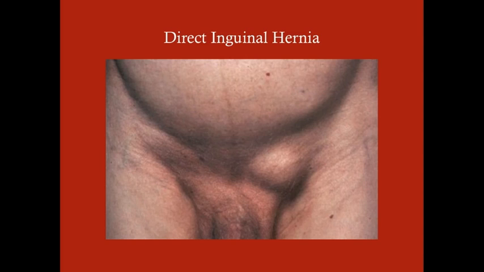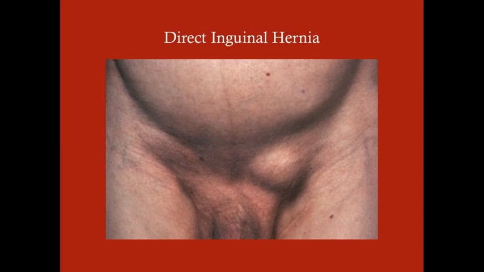Because when a surgeon goes in to operate on a hernia, they're going to operate pretty much the same way whether it's direct or indirect. The only thing that might change is where they think they're going to be reinforcing tissue, but they'll have everything set up for them if it's direct or indirect.